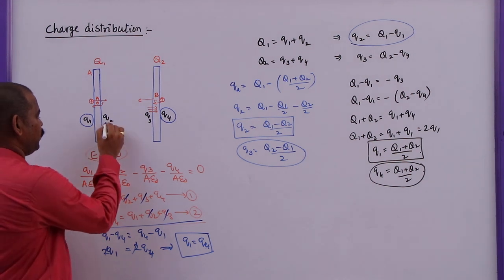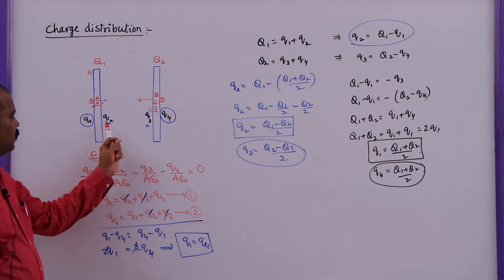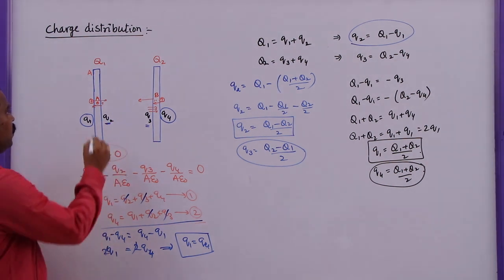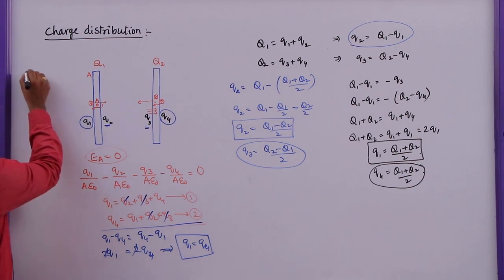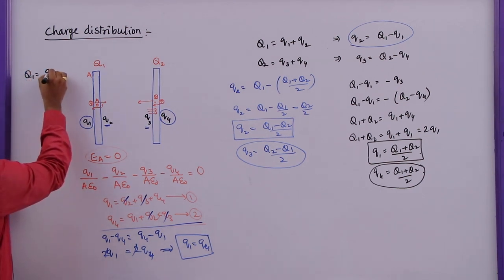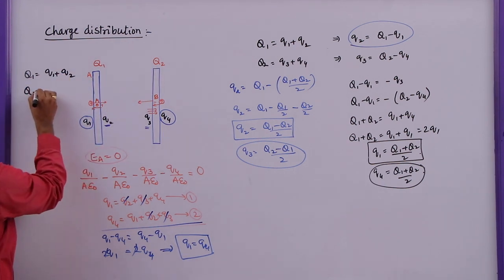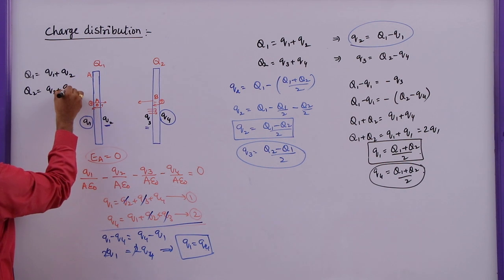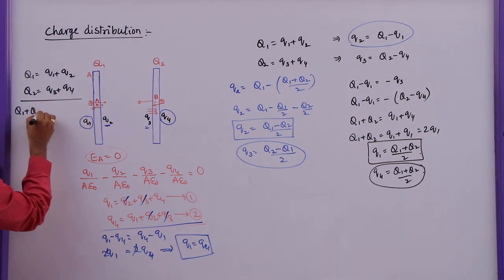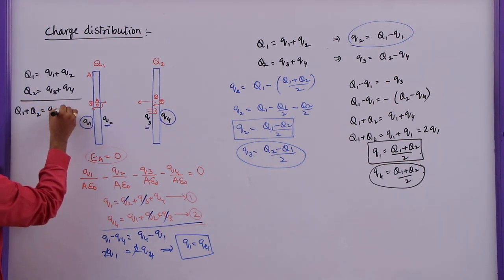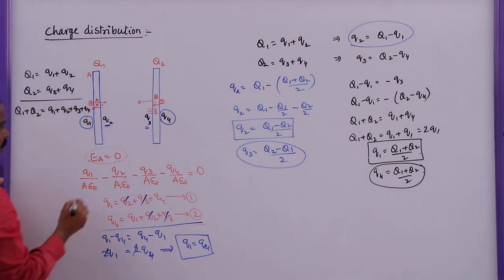Now how to find the magnitude of Q2 and Q3? Due to induction, we know that Q2 is equal to minus Q3. Now, based on this formula, we can write here: capital Q1 is equal to small q1 plus small q2. Capital Q2 is equal to small q3 plus small q4. So add these two, you will get capital Q1 plus Q2 is equal to small q1 plus q2 plus q3 plus q4.